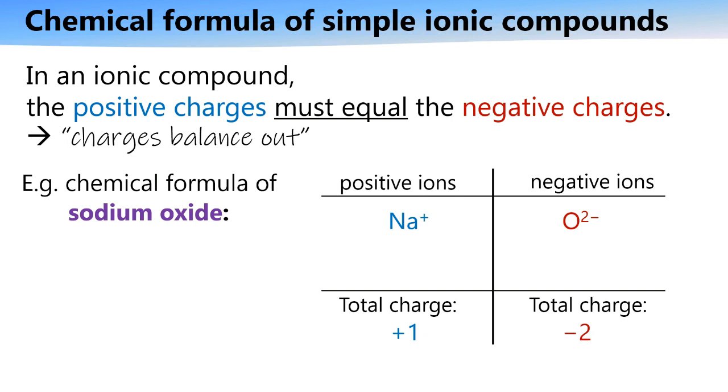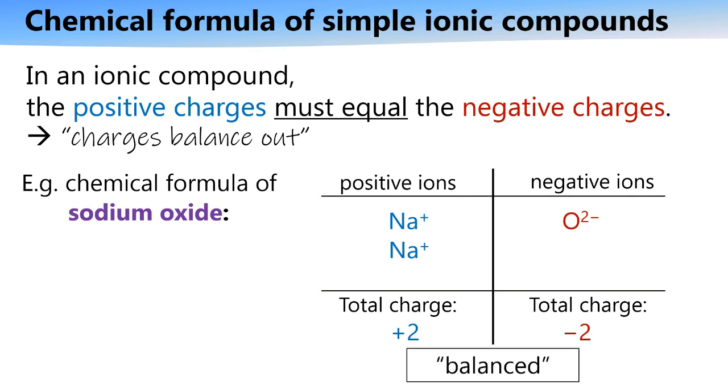I only have +1 charge for positive and -2 for the negative side. So I need more positive charge so that they balance out. So in this case, I can add one more sodium ion and I will get +2. And finally, this is balanced.